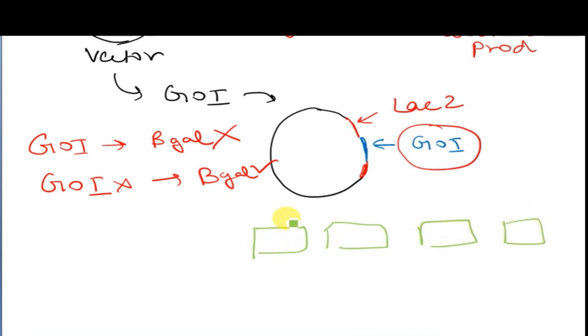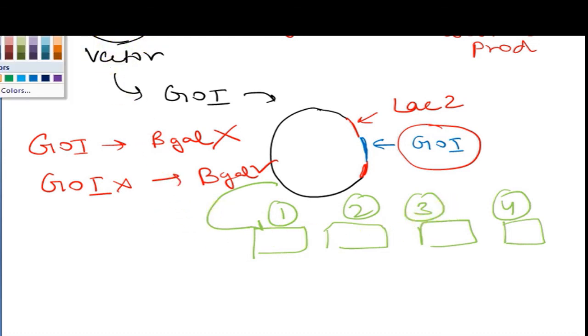And in some cases, suppose this is integrated into this first E. coli, and not integrated into the second, third and fourth E. coli. Okay, so what will happen according to you? In the media, in the petri dish in which these E. coli are growing, X-gal is present.